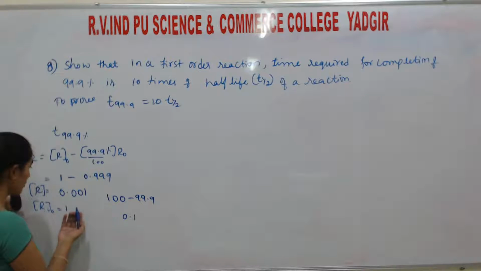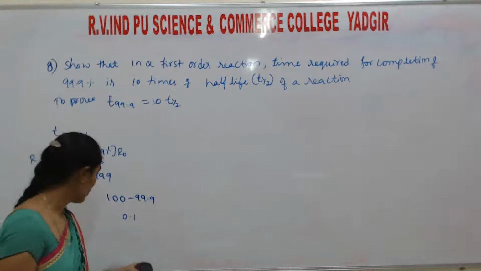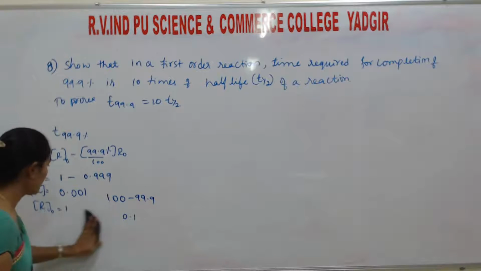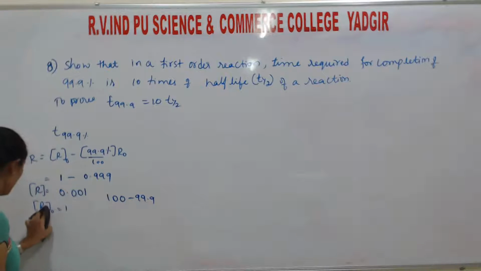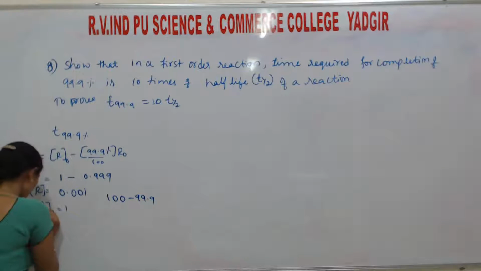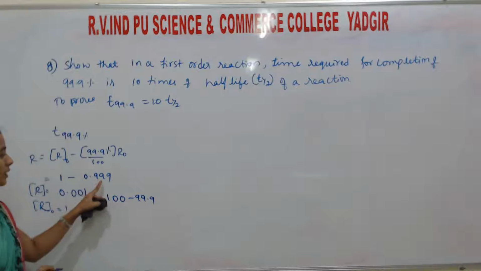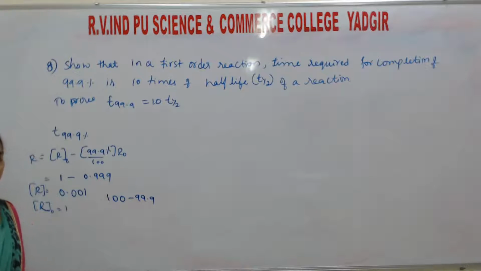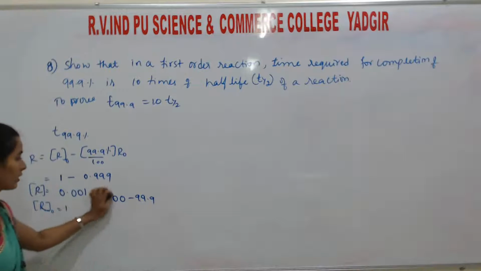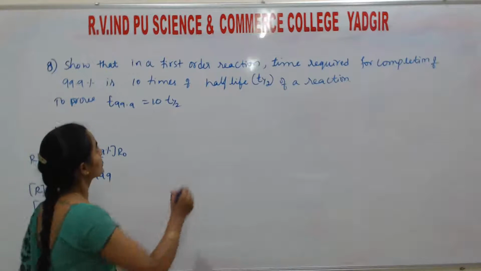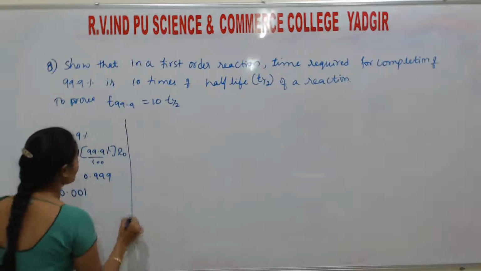So whatever the value you take, you get that much answer. Okay, students? So from here, we can consider this one. 99.9% means in 1 gram it is 0.999. So this is R value, this is R0 value, and as we know, this is the first order reaction.